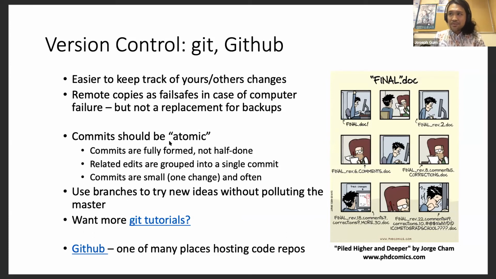Your commits should be atomic, which means that they're fully formed, not half done. Related edits are grouped into a single commit if you're editing across multiple files, and commits are small. They're one single change as much as possible, and often.